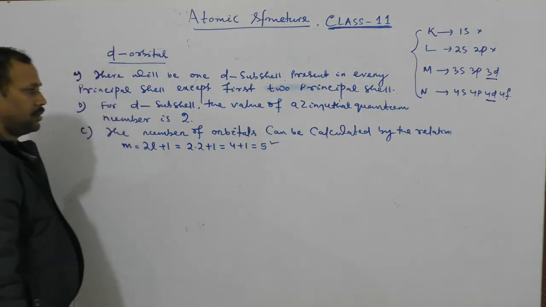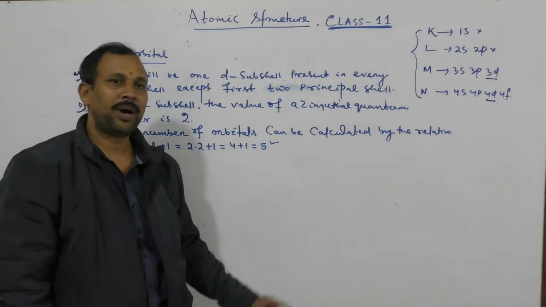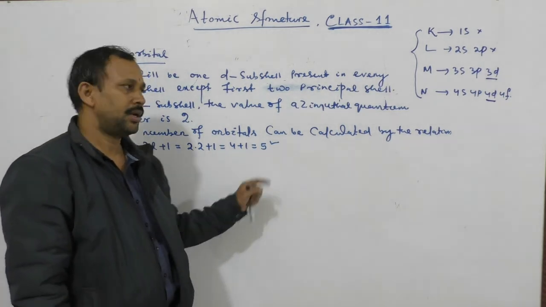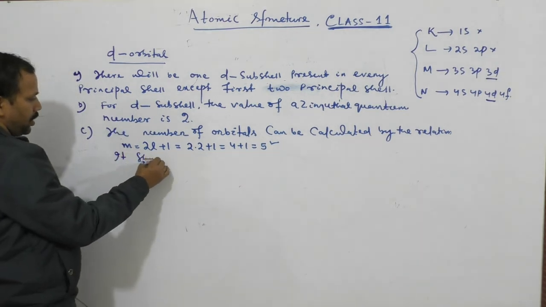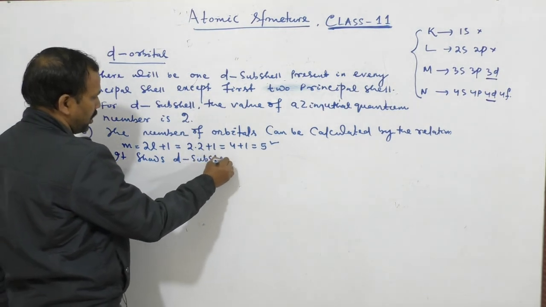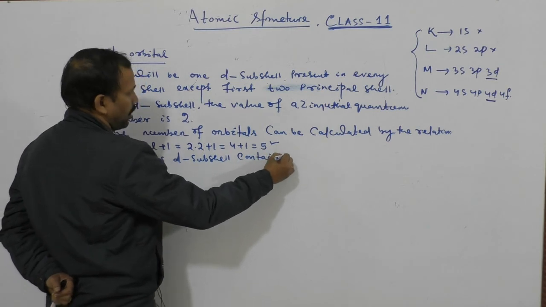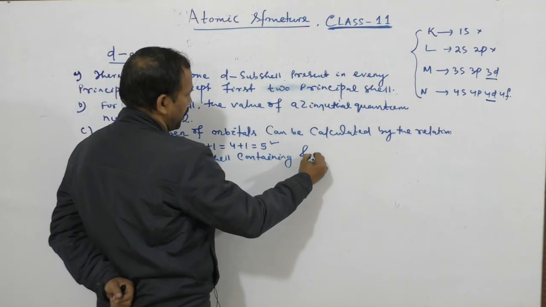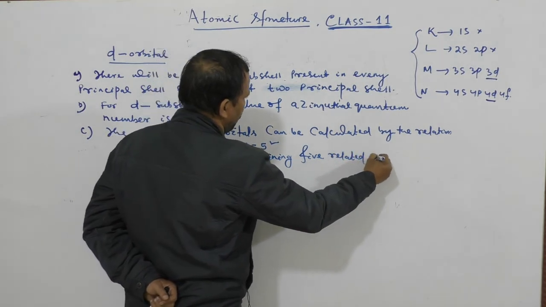Now it shows the d subcell containing 5 related orbitals.